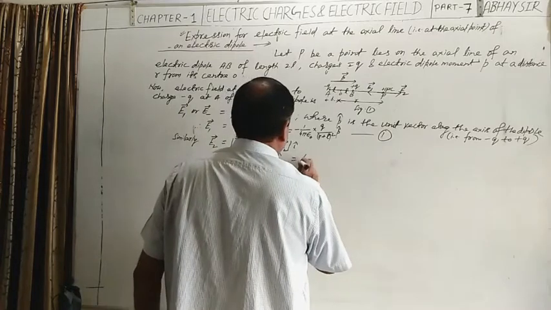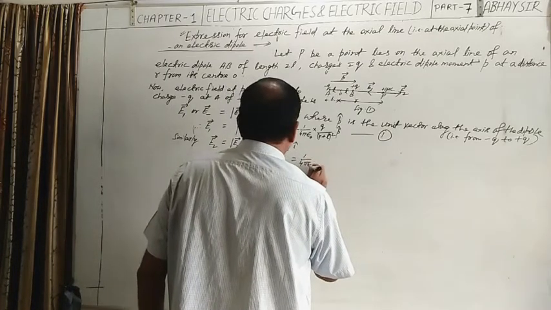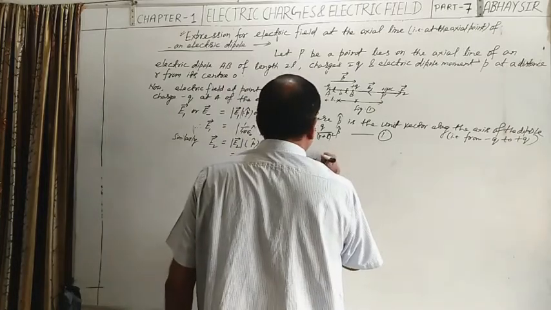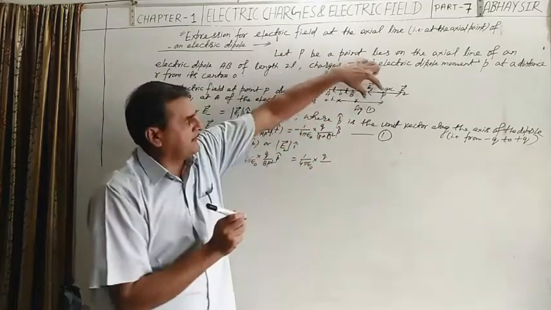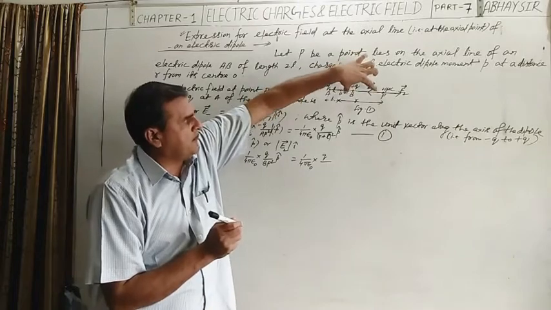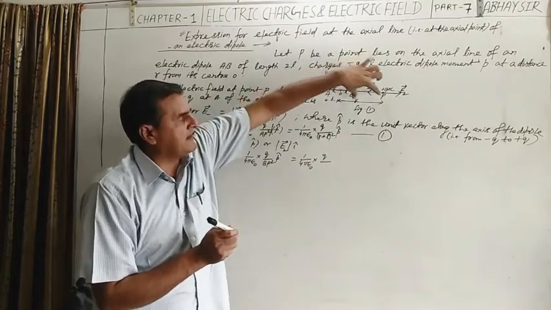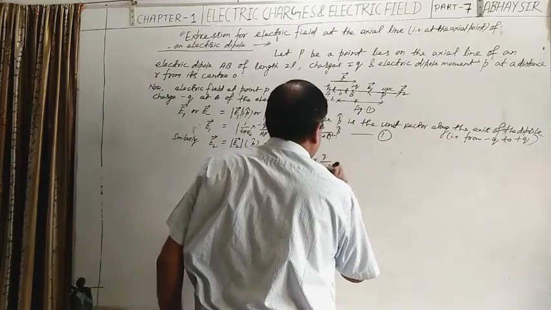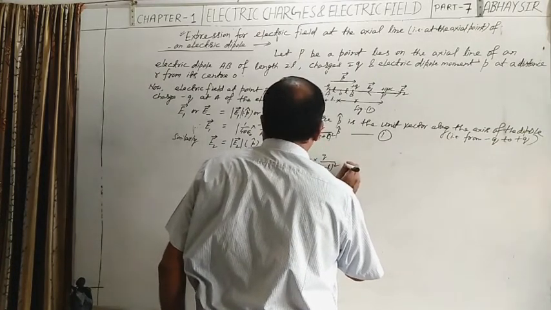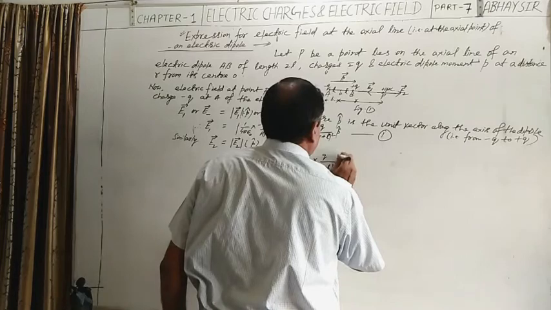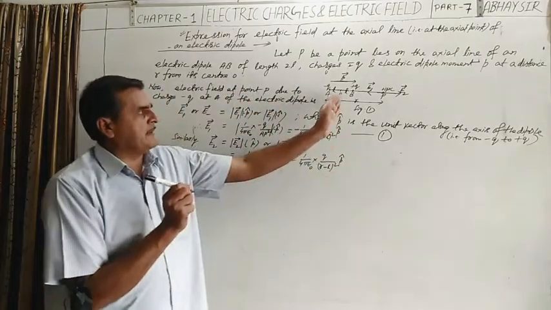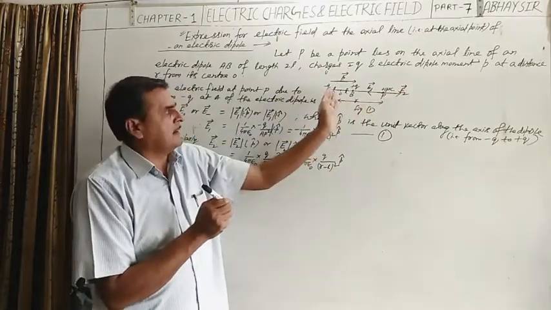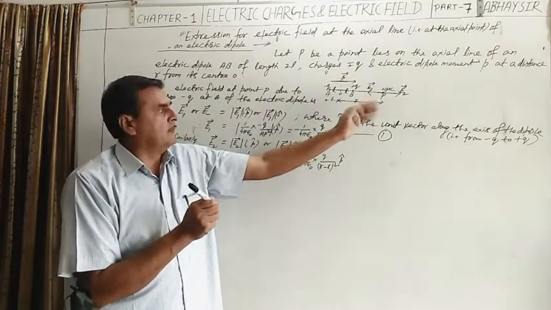That is 1 by 4 pi epsilon naught, Q upon BP distance, which is R OP minus OP, that is R minus L, square P cap. P cap is the unit vector along the direction of electric dipole moment vector, that is from minus Q to plus Q.